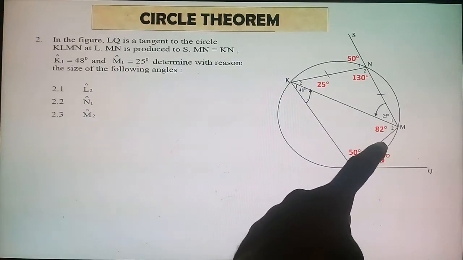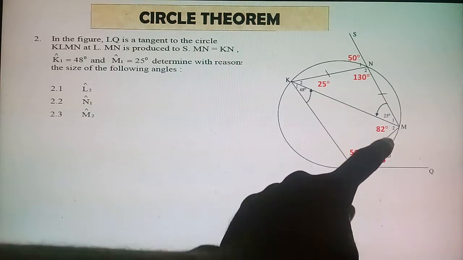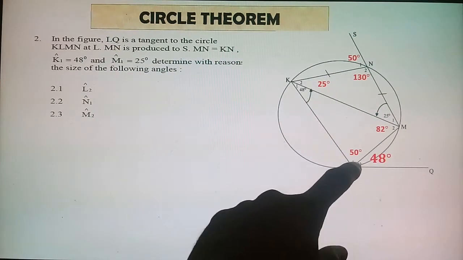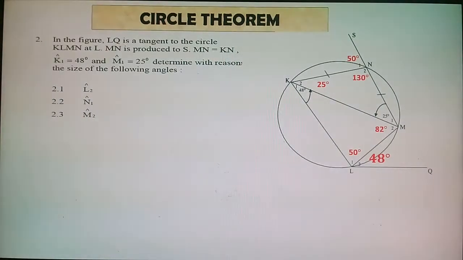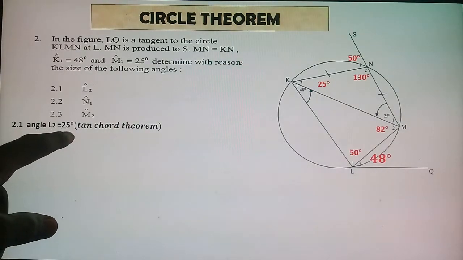Now the angle between the tangent and the chord equals the angle subtended by that chord in the alternate segment. It means L2 equals what? K1 there. I have our angle L2 equals 25 degrees. No, it should not be 25 degrees.